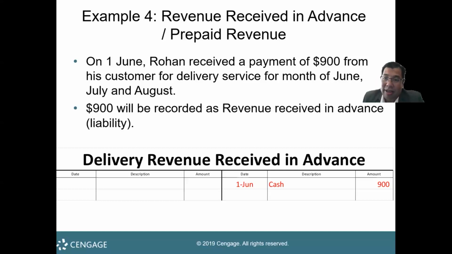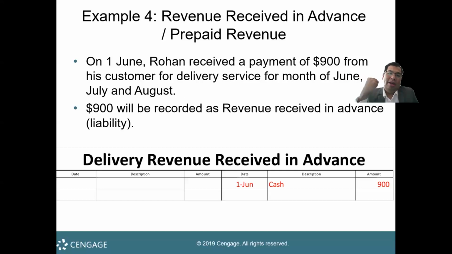I want you to deliver the pamphlets every week, for example. So how are you going to record that? Certainly you're going to debit your cash increase, but that is not your revenue yet because you have not provided the service to the customer yet.